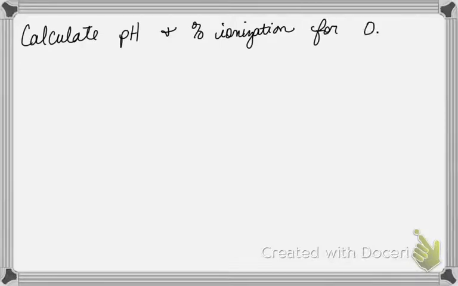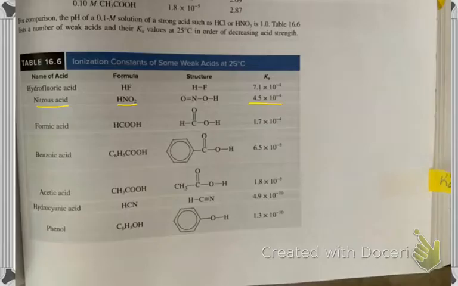Let's do 0.185 molar benzoic acid. Okay. And you've got your Ka table in your book, but I'll flip back and you can write it down. The benzoic acid, there's the formula, there's the Ka.